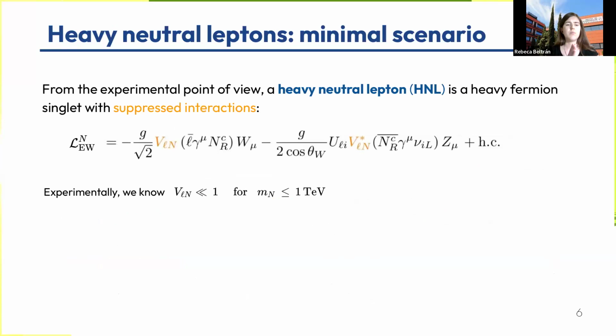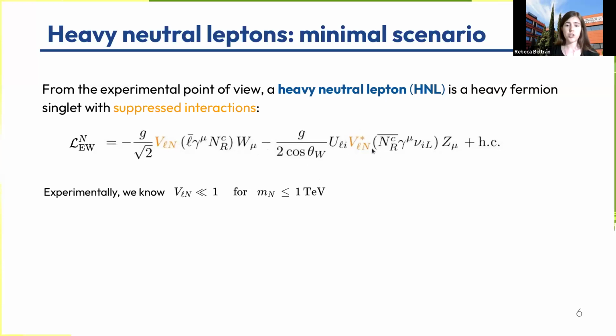From an experimentalist perspective, a heavy neutral lepton is a neutral fermion that decays into some charged lepton plus W or charged lepton plus mesons, pions, and essentially it behaves like a heavier neutrino, but with a reduced coupling to the standard model charged and neutral currents.